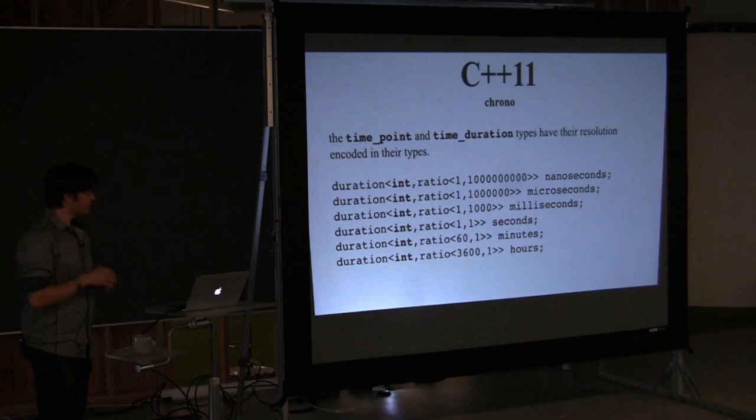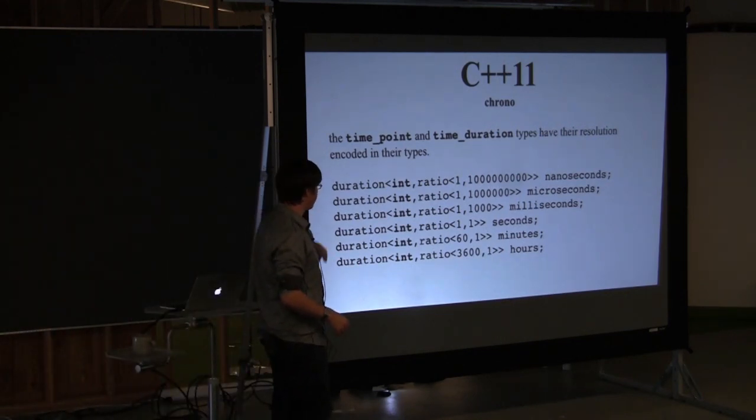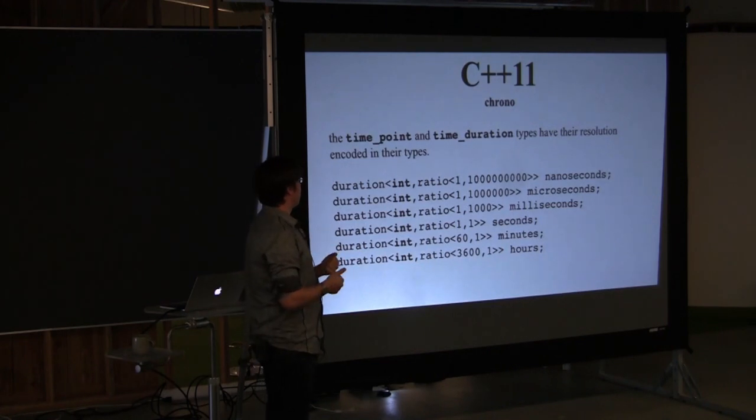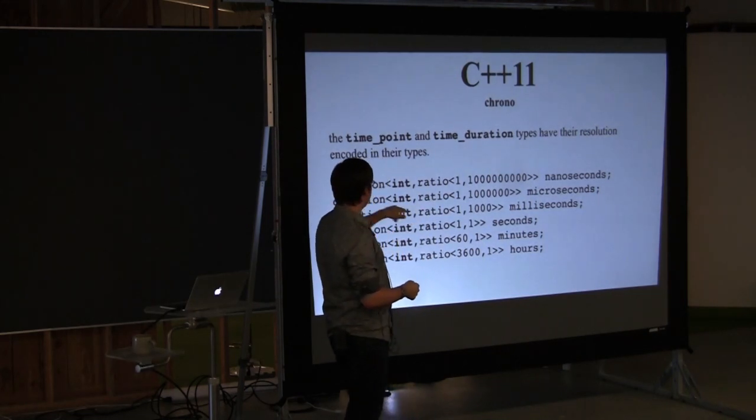So this is the beautiful part. Pretend that there's a typedef in front of these. I just couldn't fit it on the slide. Time point and time duration have the resolution encoded in their type, which is brilliant, because it means that these are typedefs for nanoseconds, microseconds, milliseconds, and so on.